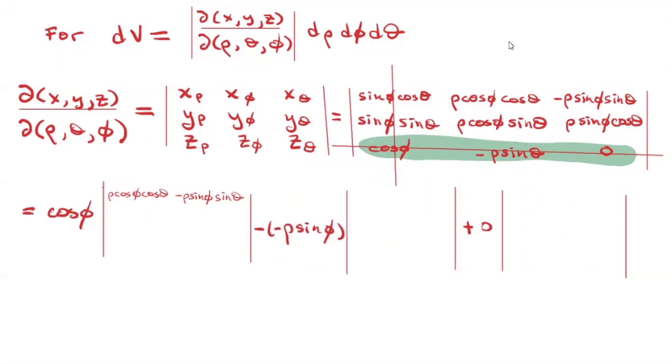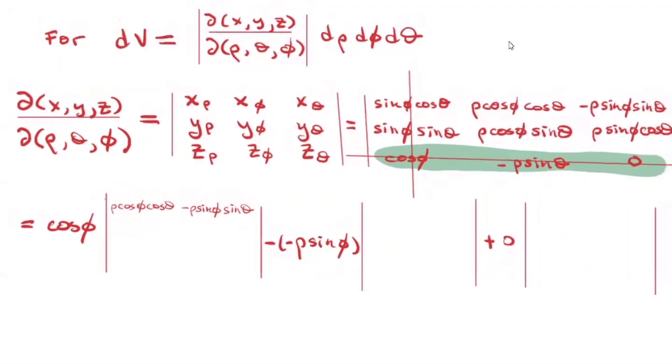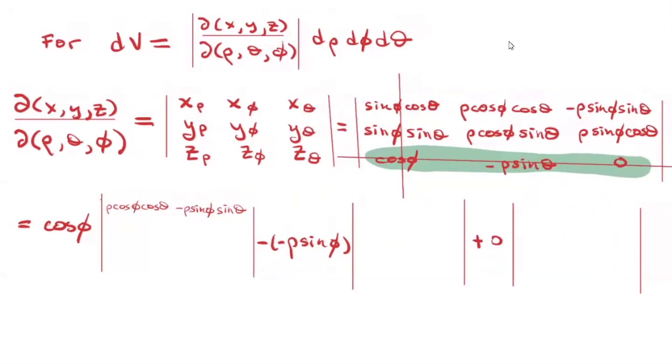Okay, and then the second row has the rho cos phi sine theta. And rho sine phi cos theta. Okay, so that's good.